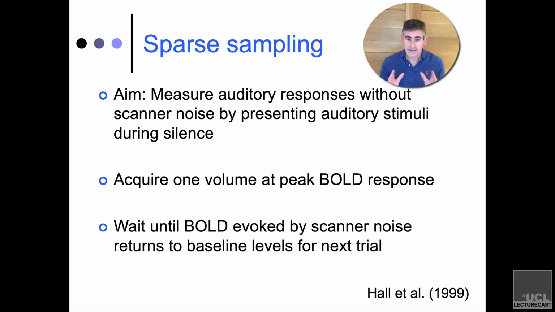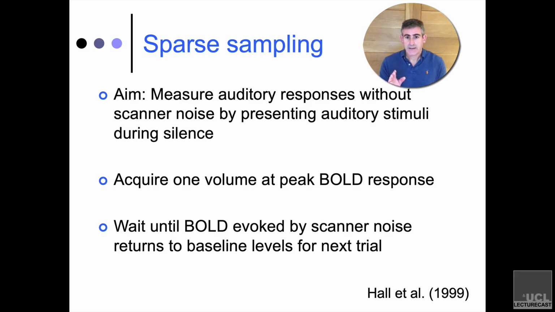And if you want to have silent periods where you can play an acoustic stimulus, then you need to turn those gradient coils off part of the time and only collect less data than if you were collecting it constantly over time. So the idea is that we're going to acquire one volume at a time, and we're going to try to do it when the peak bold signal is reached in the particular area. And I'll explain this in just a second.